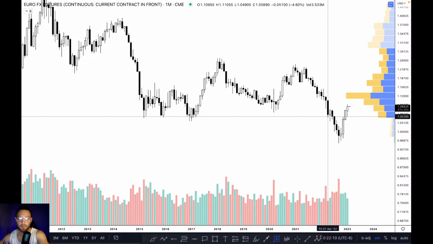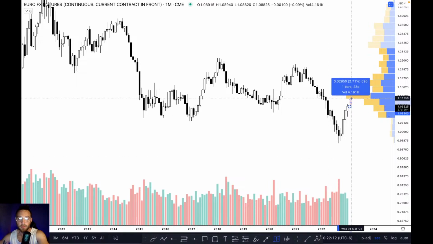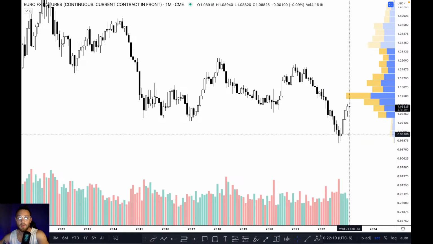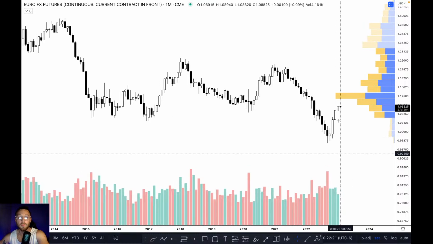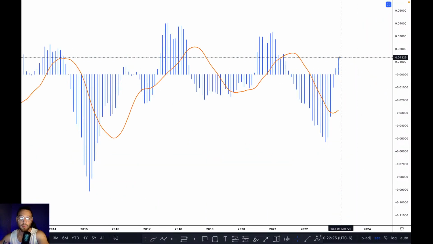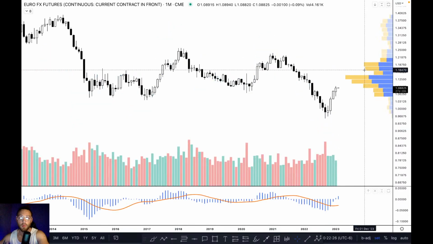How many pips away is that from here? Still a good amount, about 500 pips. So there's still some upside, and the momentum is starting to pop now. So even the momentum is suggesting upside.